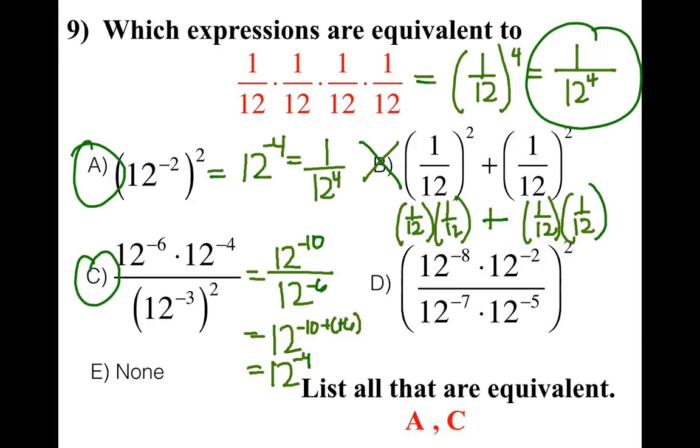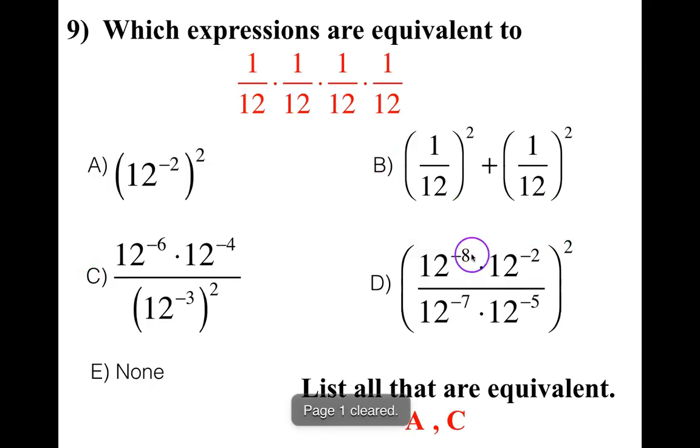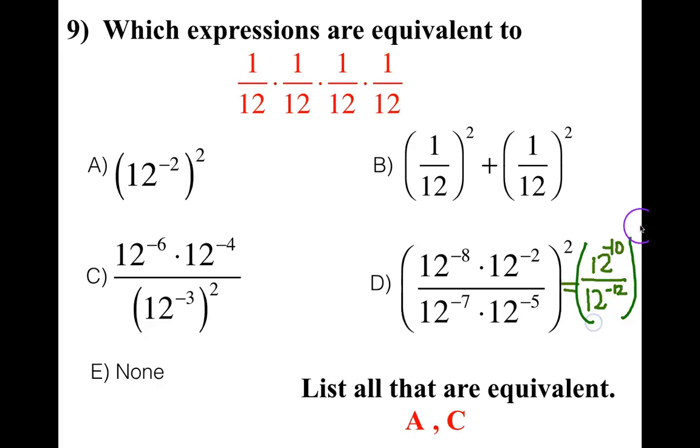Now just to clear things up so we have a little bit more space, let's take a look at D. Again, let's simplify the inside first. Numerator separate, denominator separate. So here the numerator is going to be 12 to the negative 10th because I'm adding those two exponents. And the denominator is going to be 12 to the negative 12th. And this is all still squared. Now simplifying this, we're going to have 12 to the negative 10 minus a negative 12.